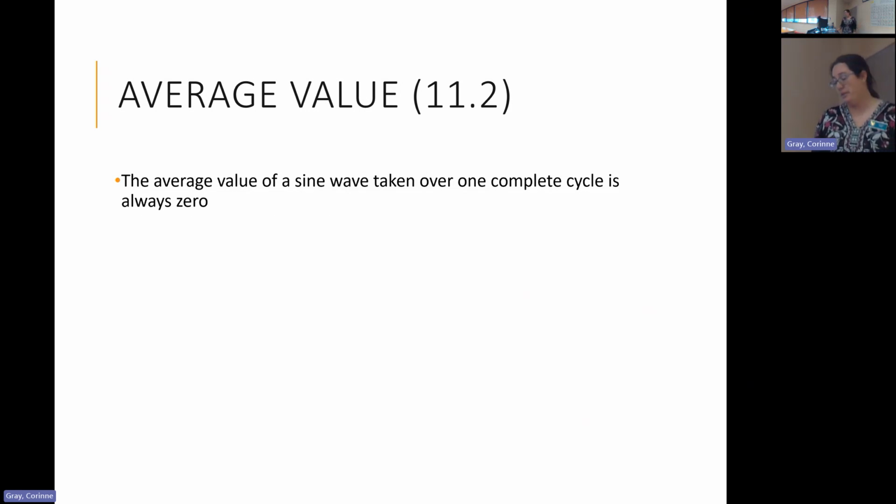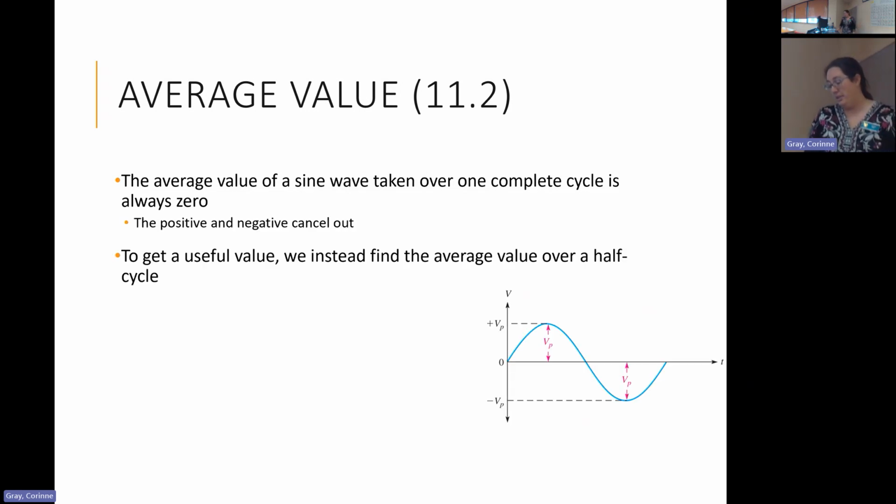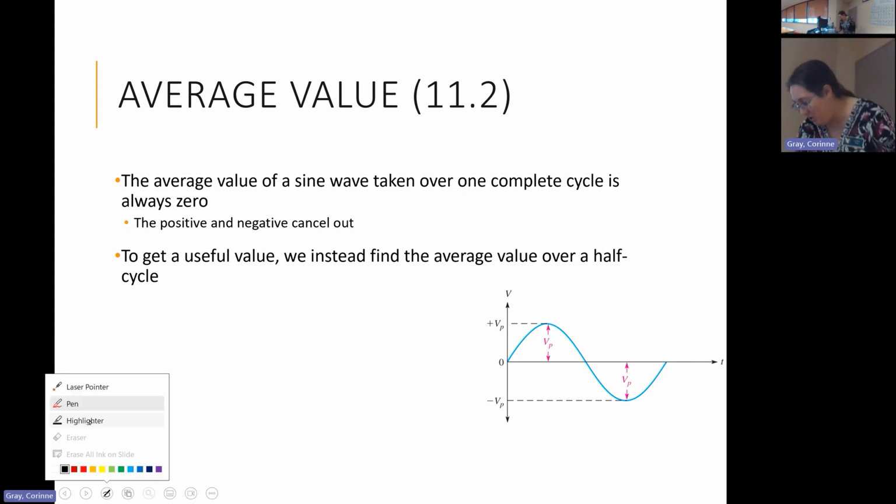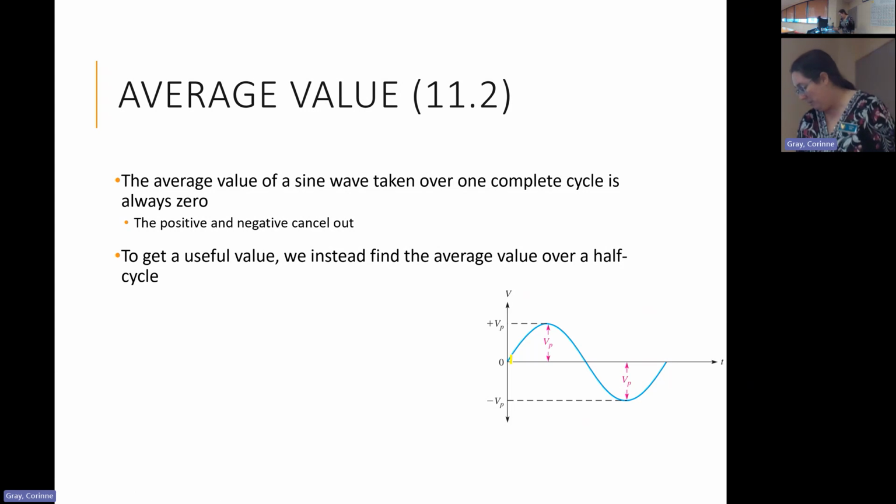So instead, we only look at half the cycle. Very often when we're picking which half of the cycle, we will pick the positive portion of it. That way we are dealing with positive values instead of negative.